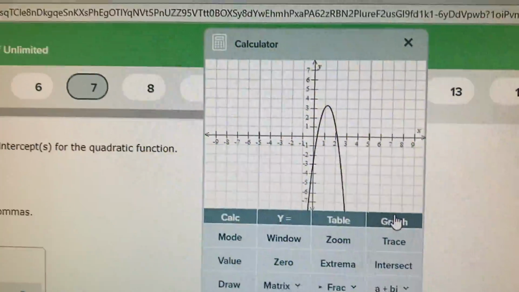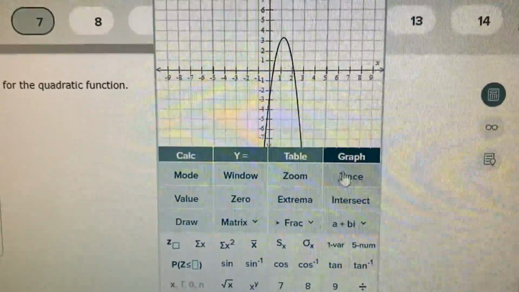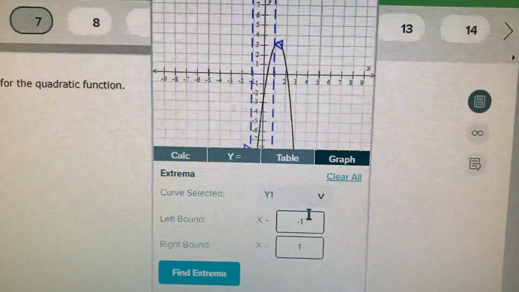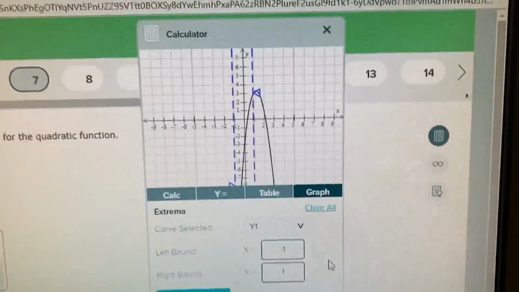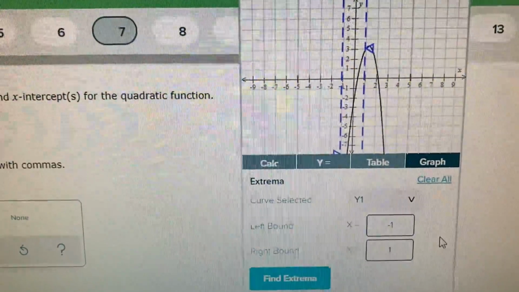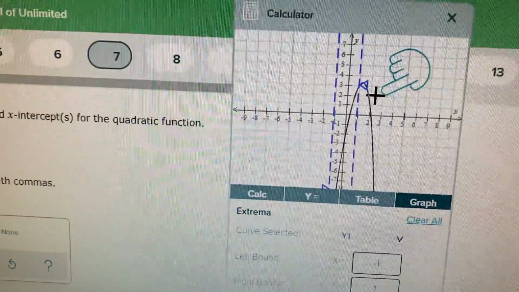So now it says we want to find the vertex. So we need to click on extrema, which is right there. So now what you got to do is set your bounds. When you do your vertex, you got to think about where your vertex is. Well, your vertex is right here.